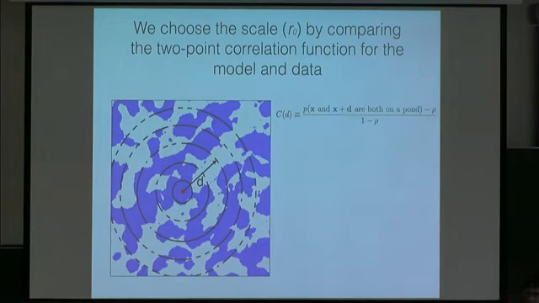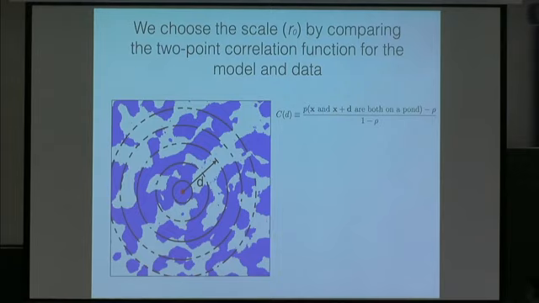And we chose this scale, R0, the scale of the circles, by comparing what we call the two-point correlation function between the data and the model. This function really just quantifies the probability that two points, which are separated by this distance d, are both located on a pond, given that one of them is already on a pond.